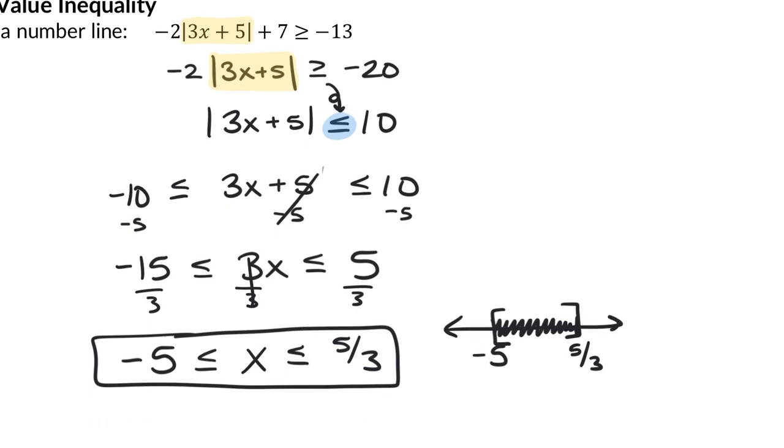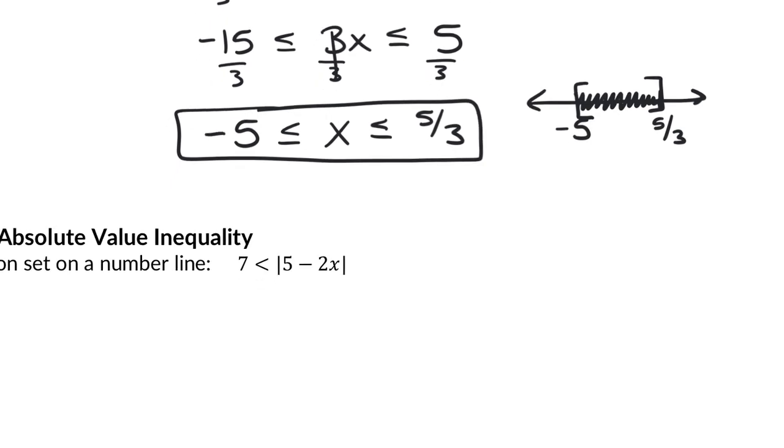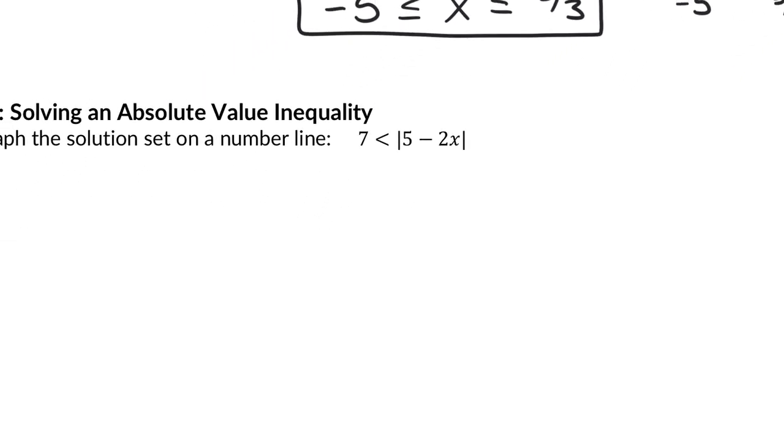Last example here. For this last one, it's written kind of different than the ones we started with. What's different here? It is already isolated, yes, but is it on the side where we begin things?